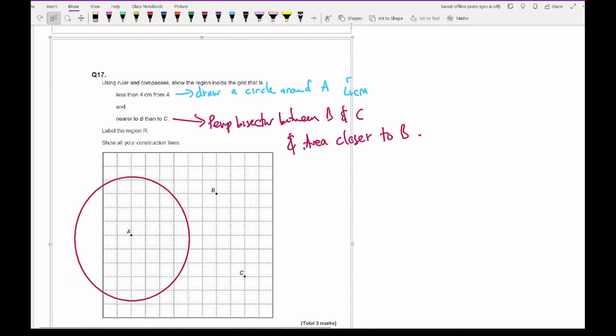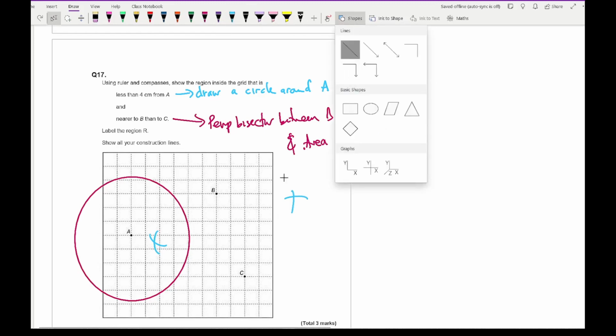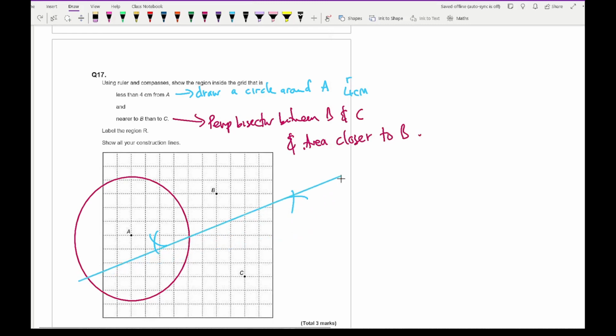And then set your compass and mark arcs, a bisector between those 2 points, and through those arcs you draw a line. Let me just move that down a little bit, kind of cheat, like so. What we're wanting is the area that's above the line, close to B, but in that circle. So we're looking for this region here.